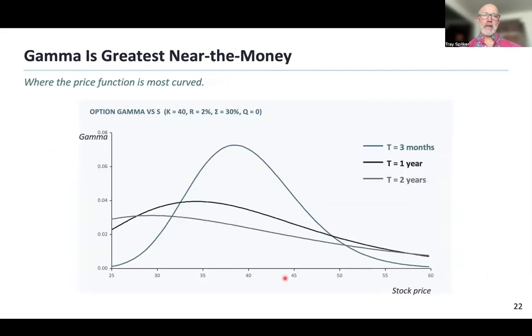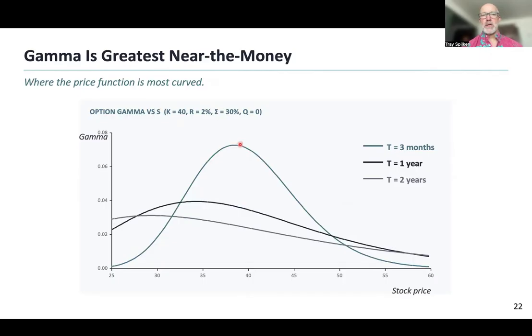So graphically here, the pricing function for gamma is most curved, and I mentioned this before, for options that are, in this case, at the money. So the share price is 40, the strike price is 40. This is at the money here. And it's most curved when it's at the money and really close to maturity, and that's what you see here, with gamma graphed on the y-axis.